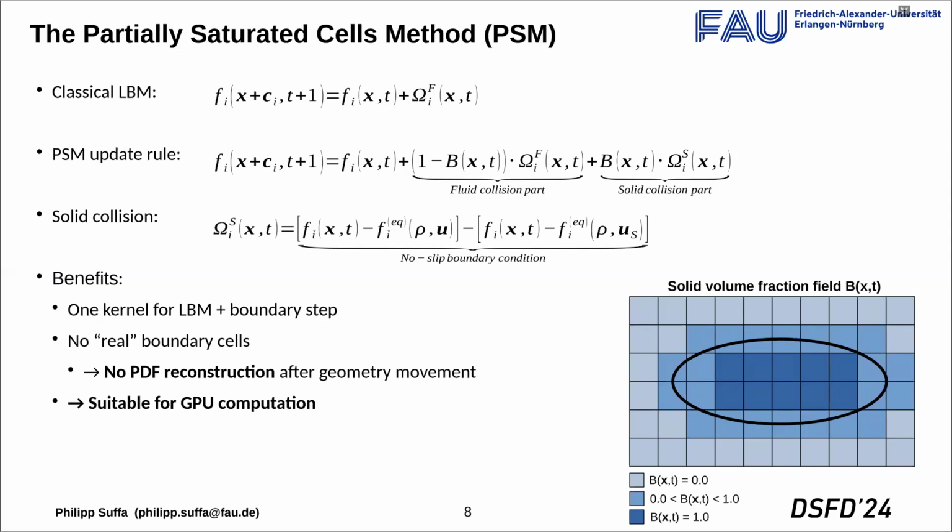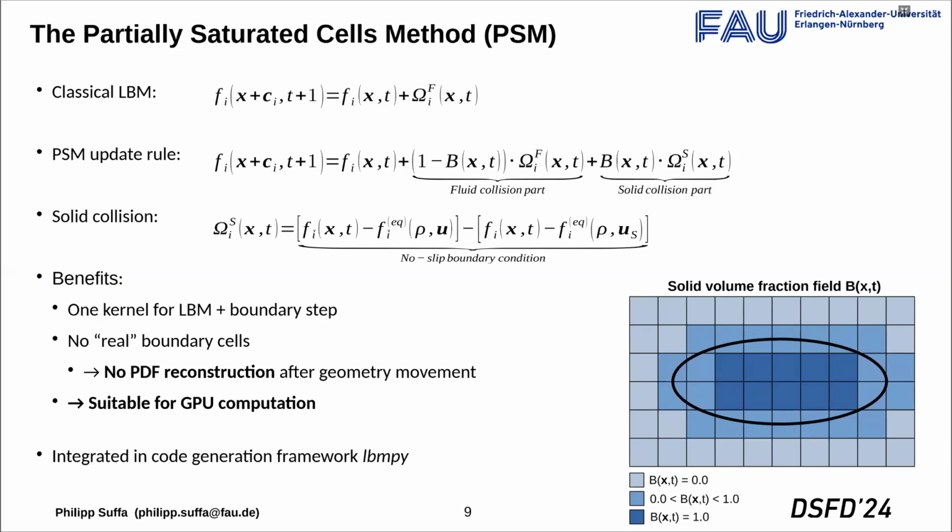That means that this geometry will move one day and release a solid cell to a fluid cell. And in other methods, this solid cell has no valid PDF values. That means you have to do some PDF reconstruction, which is expensive and can lead to instabilities and all this stuff. But with PSM, this is not the case. And this is also very, very suitable for GPU.